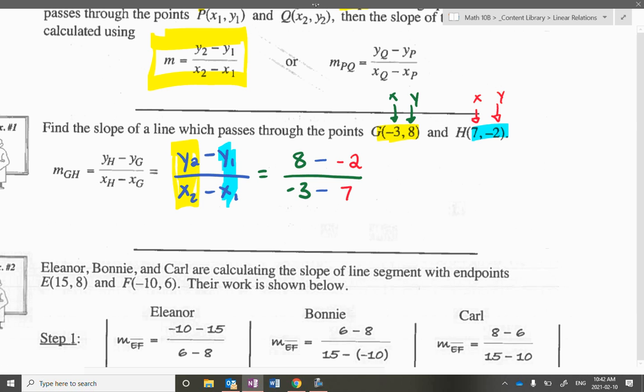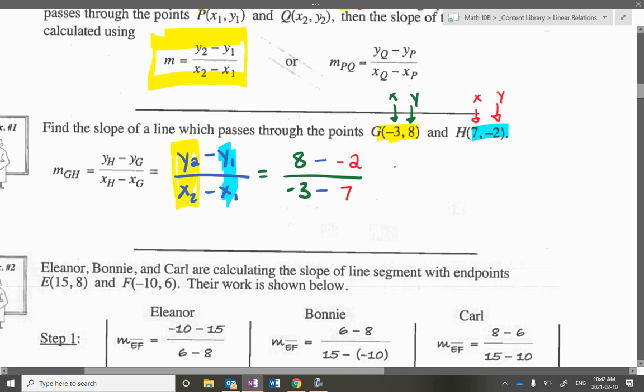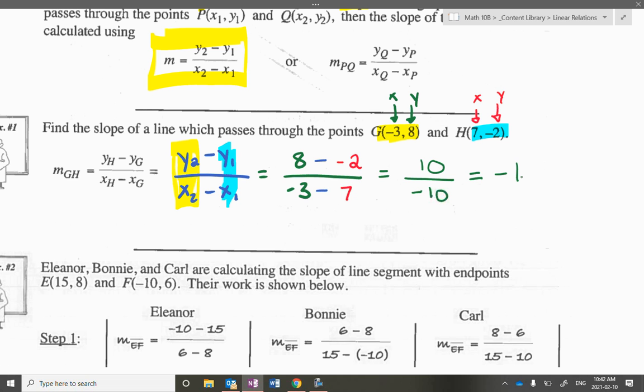Gavin, let me just go through this one and then I'll answer your question. So 8 minus -2, I have two negatives side by side, so that becomes addition. So 8 plus 2 is 10. -3 minus 7 gives me -10. 10 divided by -10 gives us overall -1. So between those 2 points on my graph, the slope would be -1. That's all it's getting at.